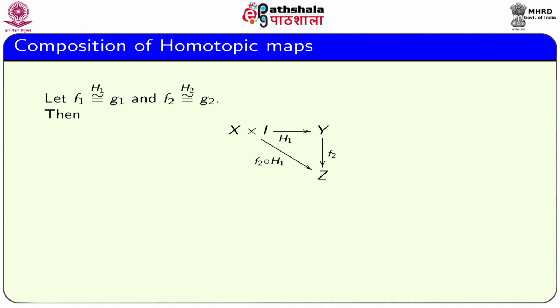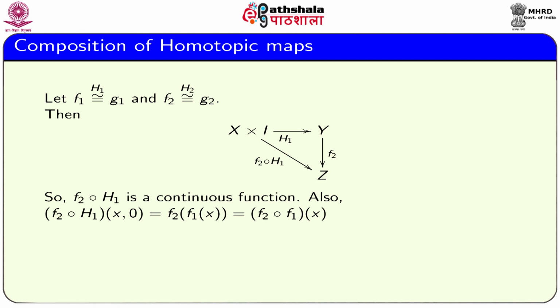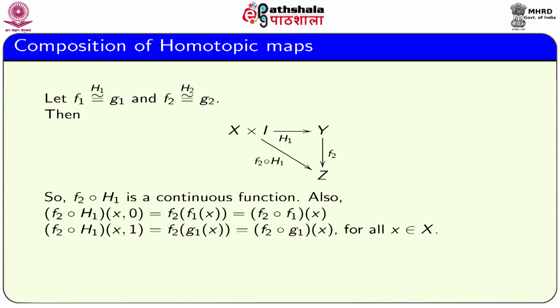Then we have this nice diagram. h1 is a continuous function from X cross I to Y, f2 is a continuous function from Y to Z. So the composition of two continuous functions is continuous, and thereby f2 composed h1 is continuous from X cross I to Z. Also, if we evaluate f2 composed h1 at the point (x,0), we get that it is f2 composed f1 of x, and if you evaluate the function f2 composed h1 at the point (x,1), then we get f2 composed g1 of x for all x belonging to capital X. Hence, f2 composed f1 and f2 composed g1, these two continuous functions are homotopic via the homotopy f2 composed h1.